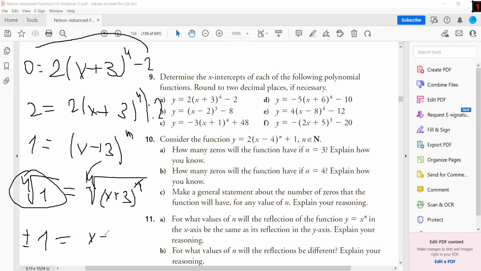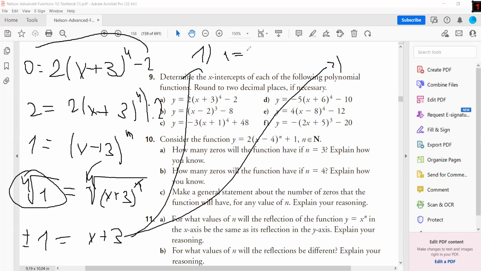So it's x plus 3 equals plus minus 1. And we have two solutions out of it. If it equals positive 1, x equals -2. If it equals -1, x equals -4. Here are our two x-intercepts.